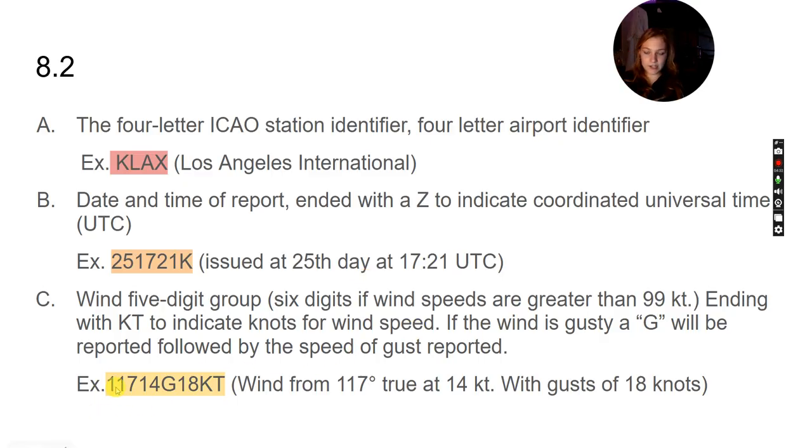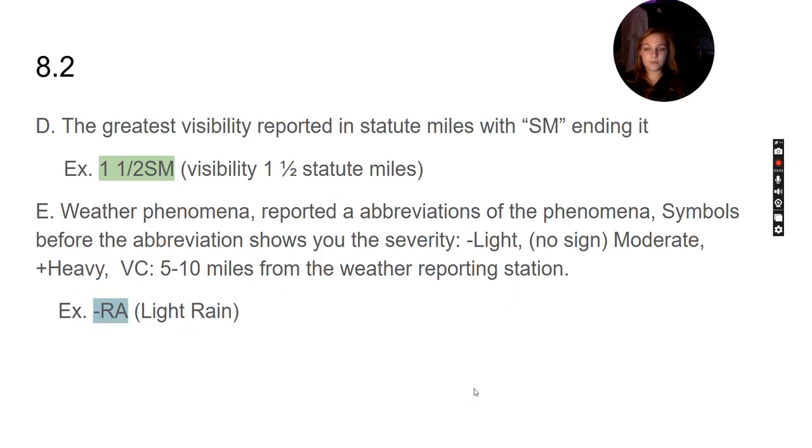So the first three digits here, 117, will be the true heading from north that the wind is coming from, so 117 degrees. And then the 14 next to it will be the knots, so 14 knot winds, and then gusts of 18 knots. So that's what the G stands for.